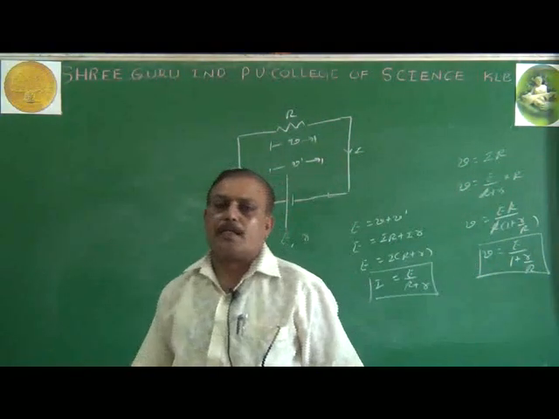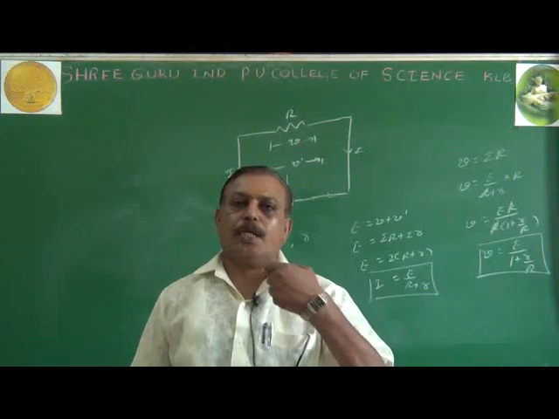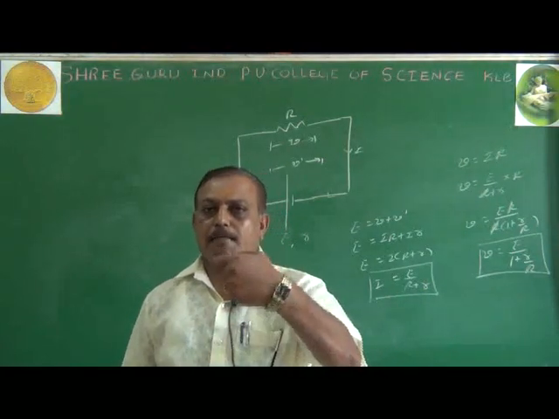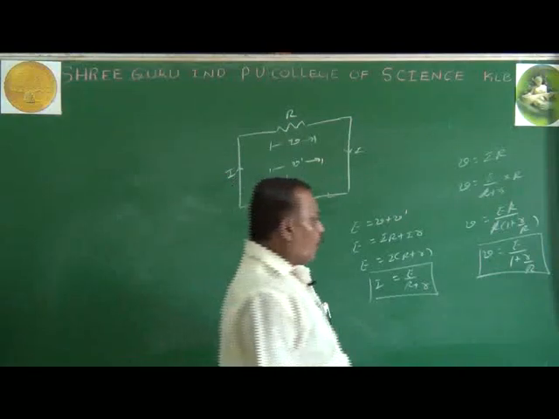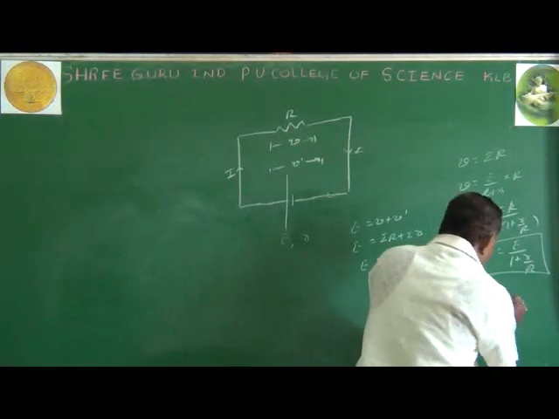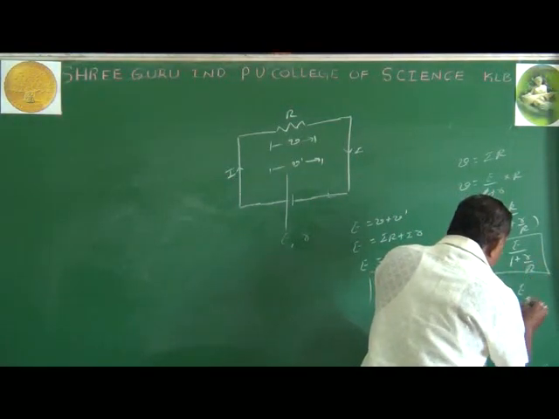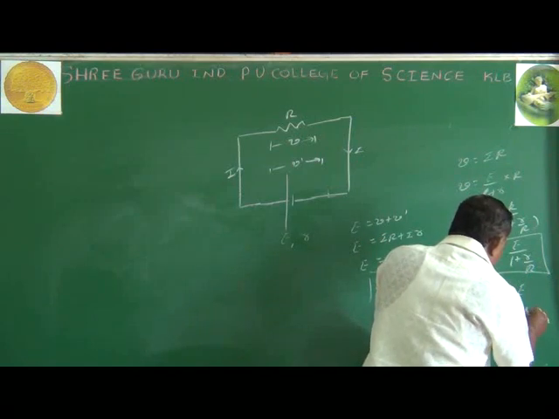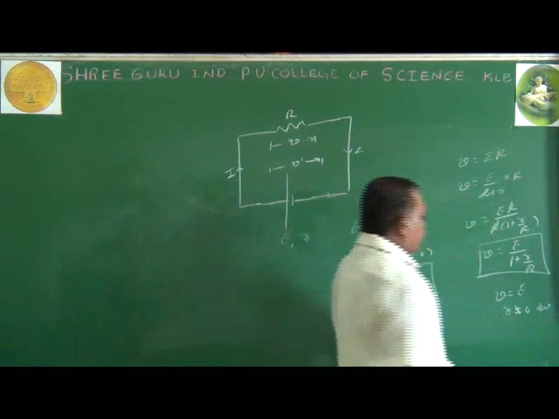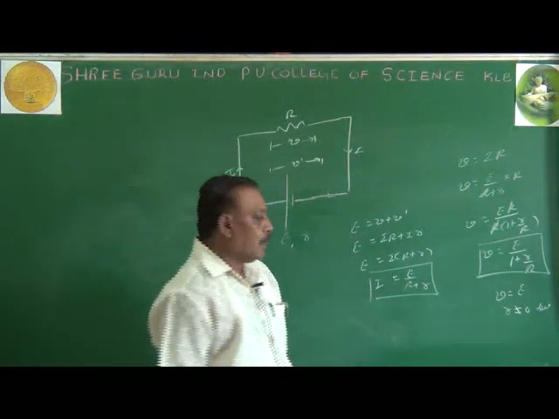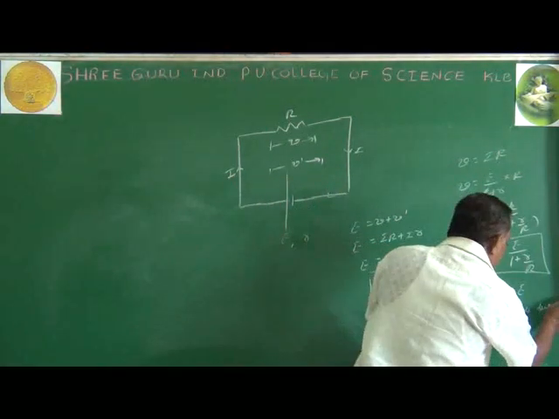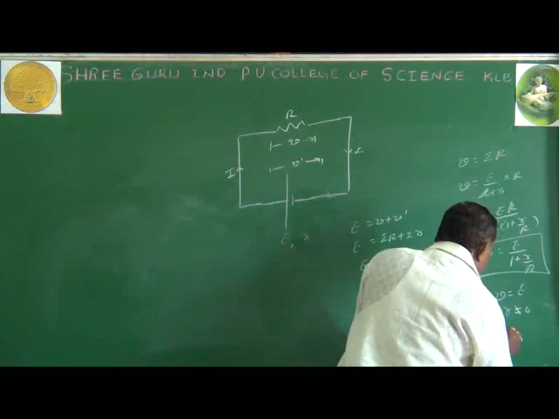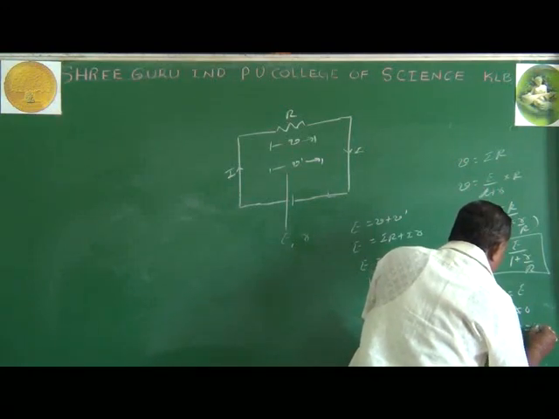Already you have been told that open circuit voltage is known as EMF. From this equation, I want to make V equal to E. r never becomes 0, but I want to make V equal to E. Then R must be what? R equals infinity.